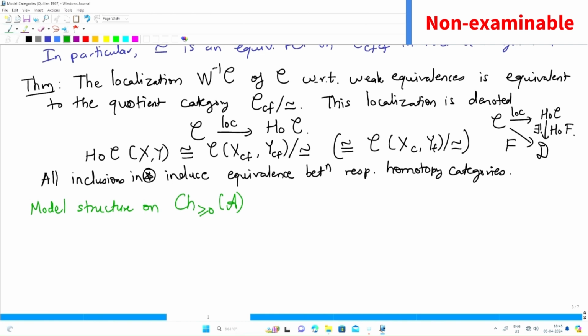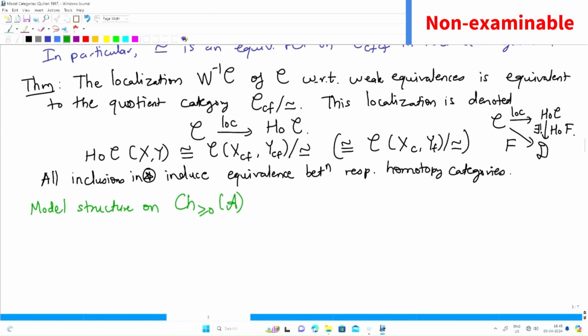Whereas if I do work with only CH bigger equals 0, then I will get back D. No, I think you have to also consider some projectives. So CH bigger equals 0 of proj A is actually the derived category of A. Yeah, we wrote that D bigger equals 0 of A is equivalent to K bigger equals 0 of this. So that should give you this.